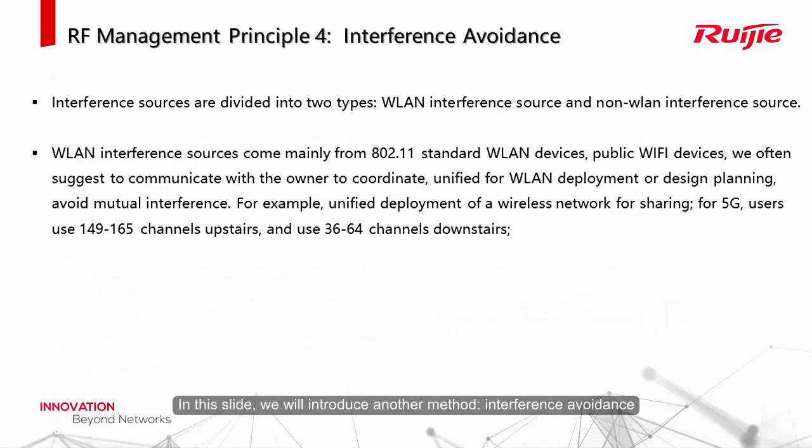In this slide, we will introduce another method, interference avoidance. Wireless interference sources are usually divided into two types, WLAN interference sources and non-WLAN interference sources. WLAN interference sources come mainly from 802.11 standard WLAN devices, such as home wireless routers, TP-Link, and other public Wi-Fi devices.